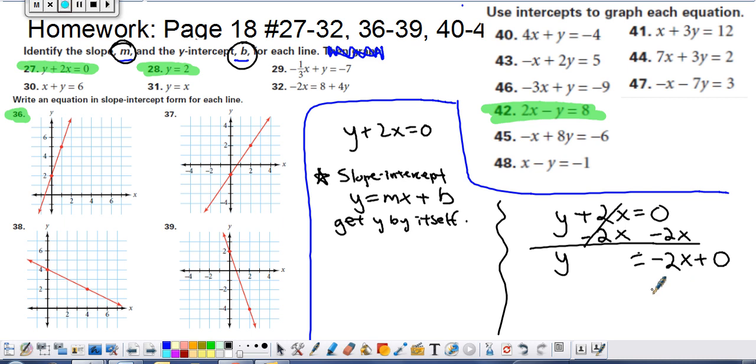Notice now we have it in y equals mx plus b form. My m is right here, negative 2, and my b is right here, 0. So I can say that the slope equals negative 2, and my y-intercept equals (0, 0).